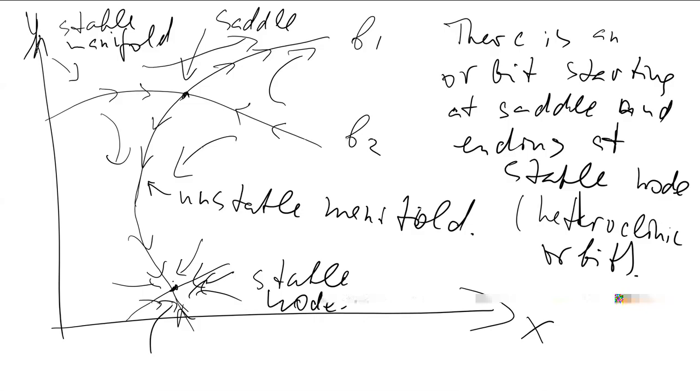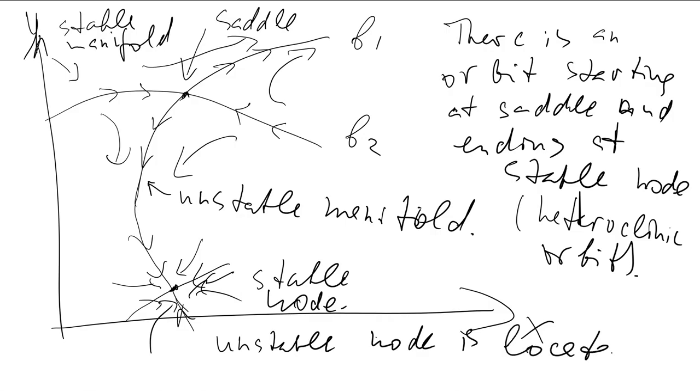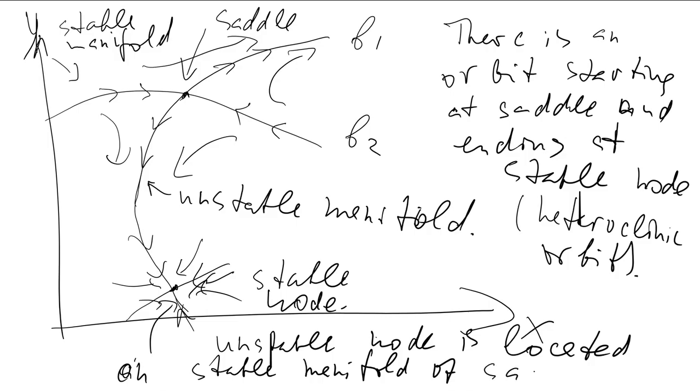And the same is true about an unstable node. An unstable node is located on the stable manifold of the saddle.